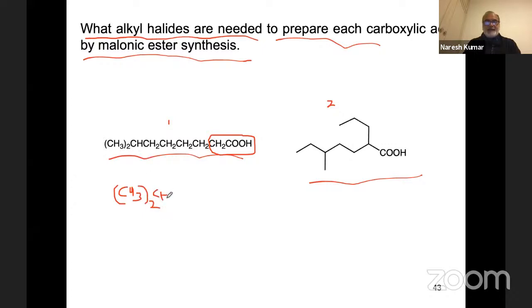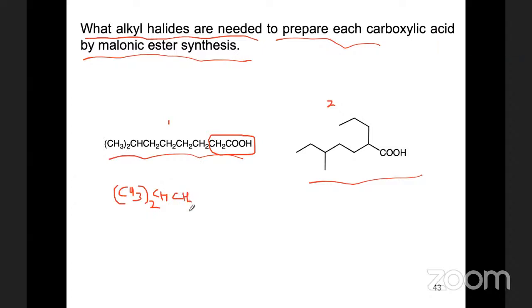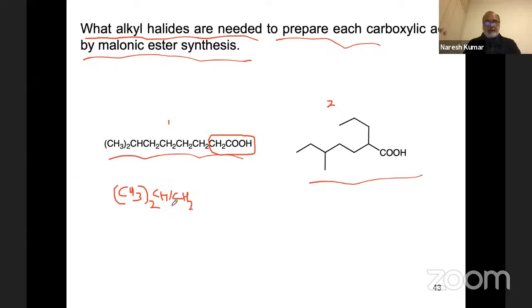And then you're going to need 1, 2, 3, 4 CH2. I'm not going to draw all those 4 CH2, they'll take too long. I'm just going to put CH2 in the bracket 4 times and the bromide next to it. So this is the alkyl halide you will need to prepare this compound by malonic ester synthesis.